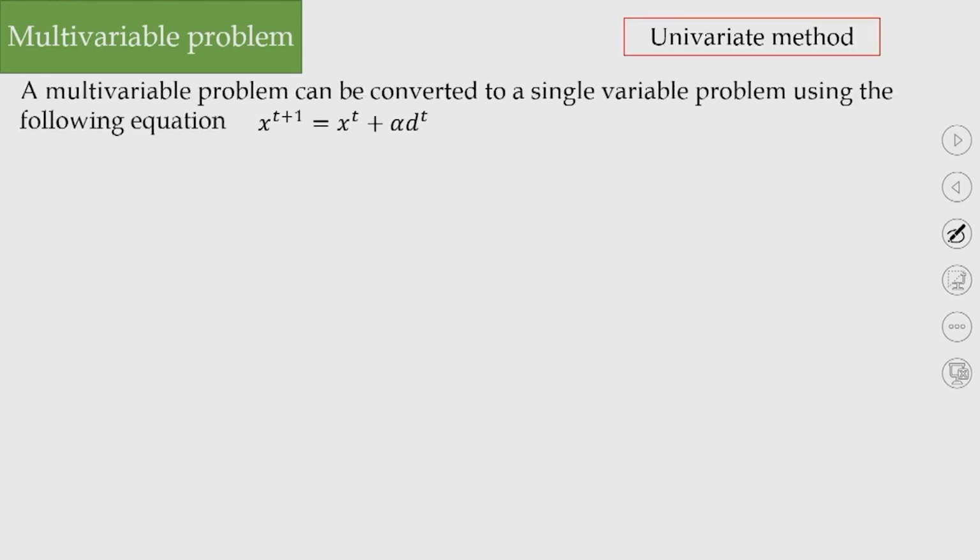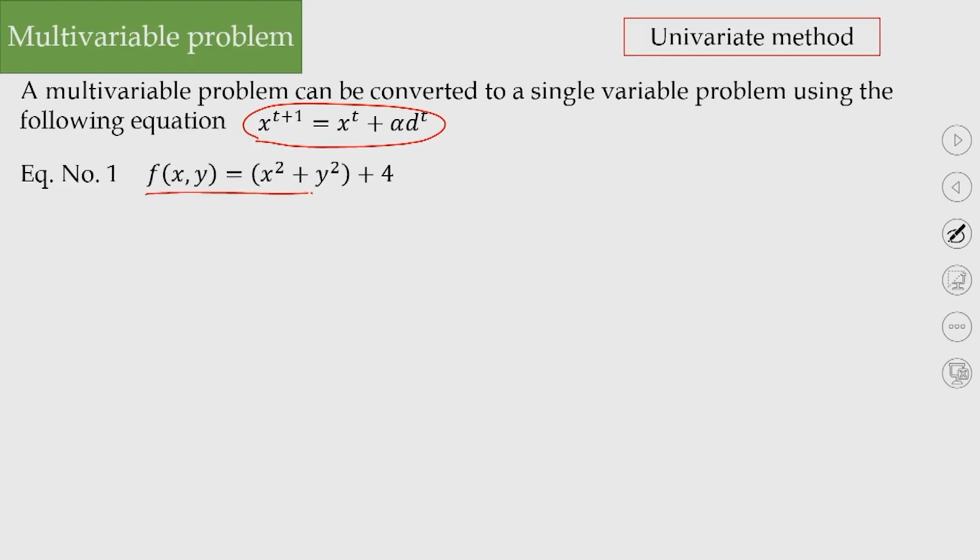As I said, I can write x(t+1) = x(t) + alpha d(t). In this case the objective function is f(x, y) = x² + y² + 4. I have taken x naught equal to (1, 1), that means I would like to start my search from (1, 1).